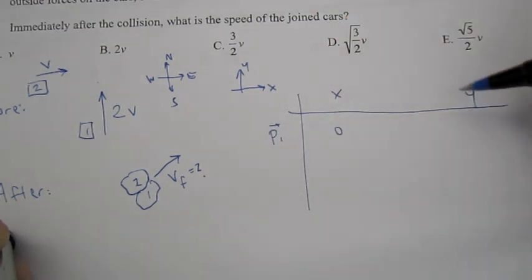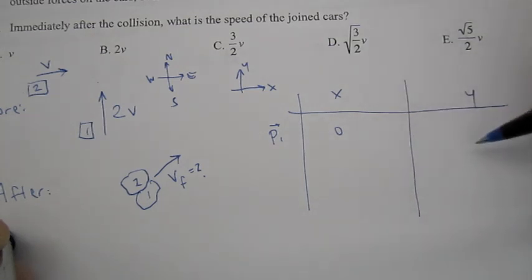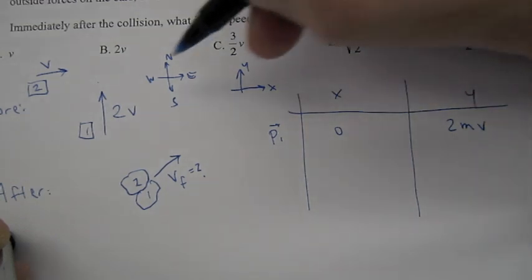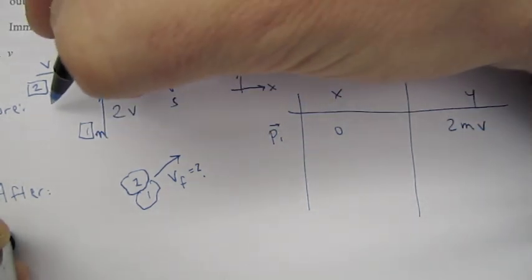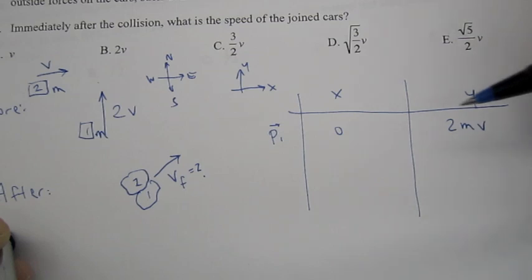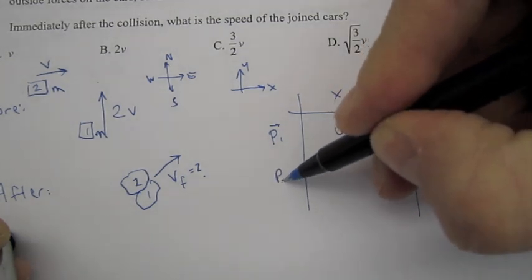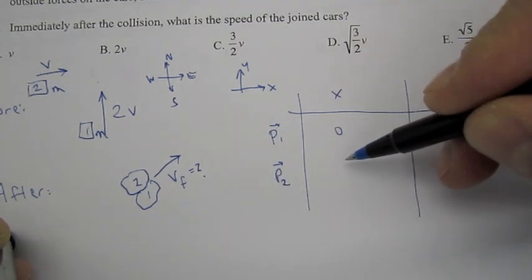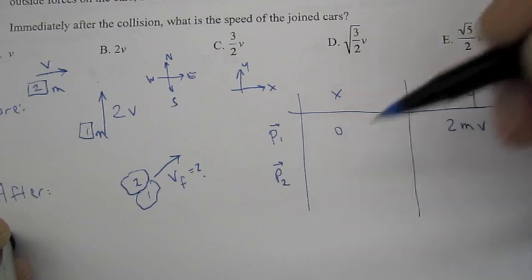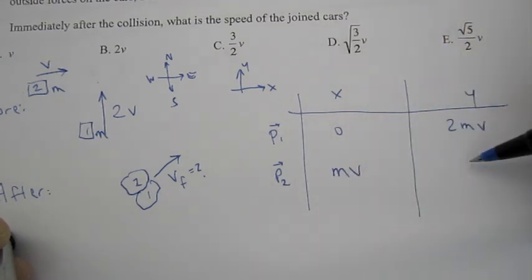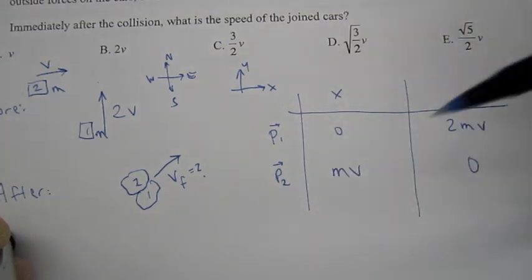That's going to have 0 x component, and it'll be going north with 2 times m times v. So don't forget the masses of both these are m. For P2, its x component is m times v, and its y component is 0.